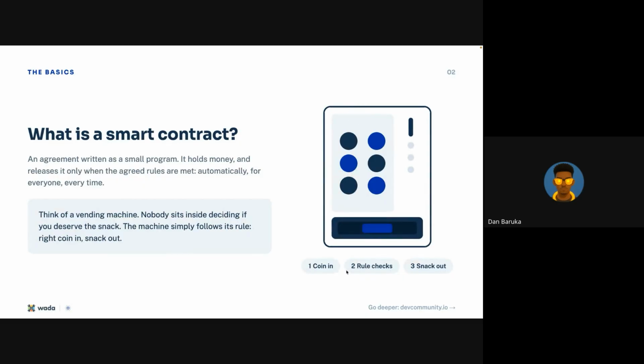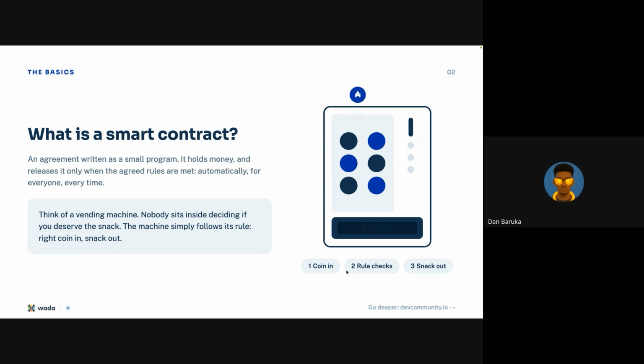So, what is a smart contract? Again, a smart contract is just an agreement written as a small program. It can hold money, but I can't only say money. We can say assets and values in general, and it releases them only when the agreed rules are met.